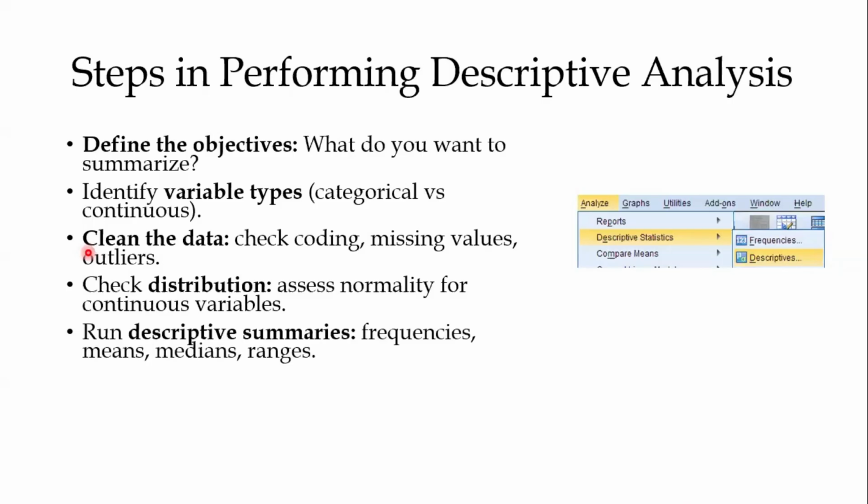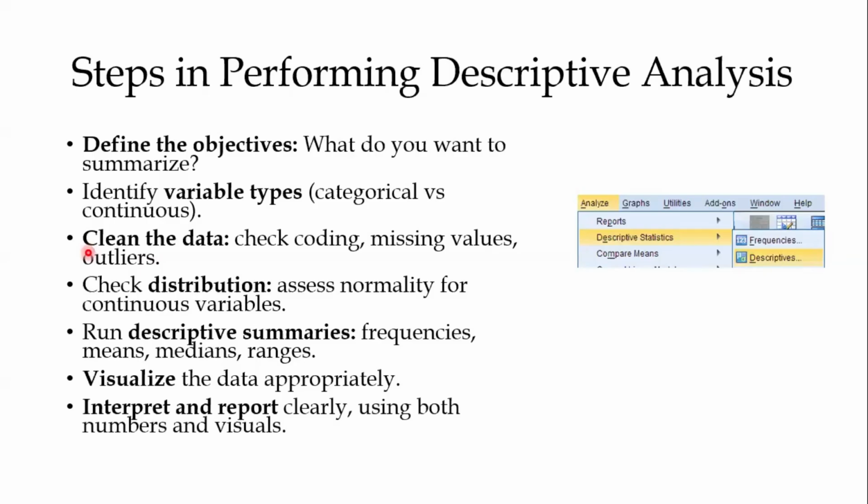Then you go ahead and generate the specific descriptive summaries. If it's a categorical variable, then frequencies. With continuous variables, you can come up with measures of central tendency, measures of dispersion, so on and so forth. Once you do that, then you choose an appropriate way to visualize that data. Go ahead and interpret and report clearly using both numbers and visuals.